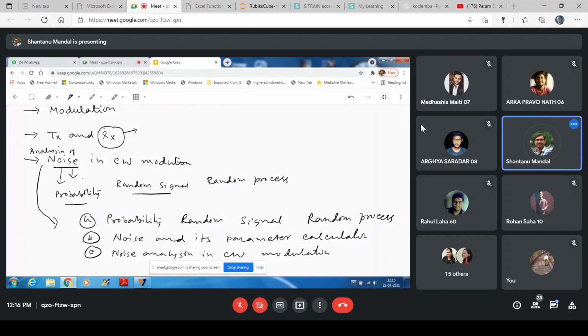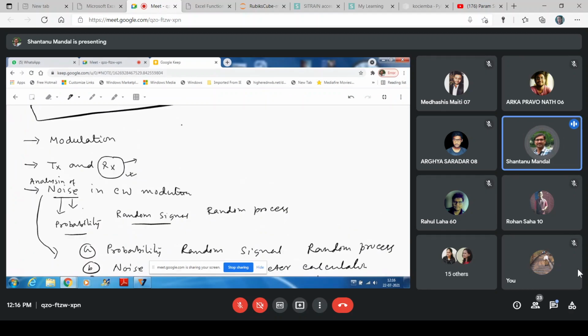You have to discuss the receiver characteristics and different types of receiver: the superheterodyne receiver and the tuned radio frequency receiver. The receiver characteristics are image frequency, sensitivity, and so on.